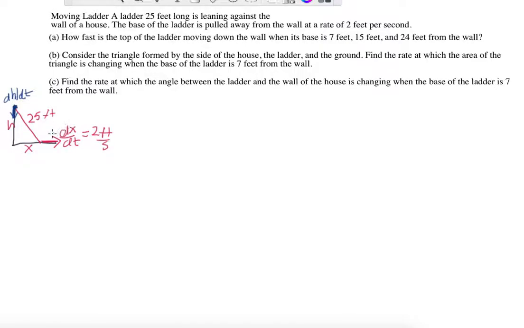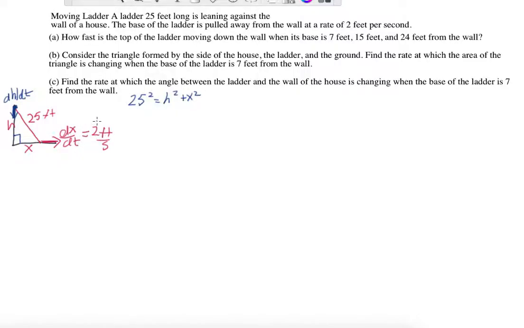And so when we start these related rates, we need to look at our initial conditions, and I'm going to find how can I relate h, x, and 25 so that I can find dh dt. And since it's leaning up against a wall, all walls are perpendicular to the floor, and so we have a right triangle, and so we can say that 25 squared is equal to h squared plus x squared.